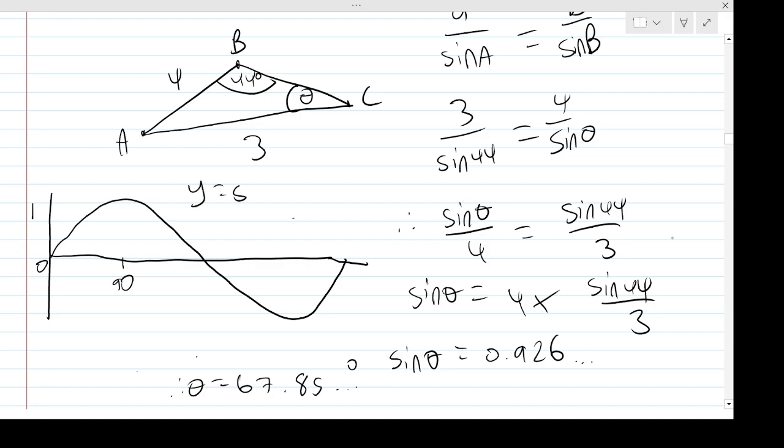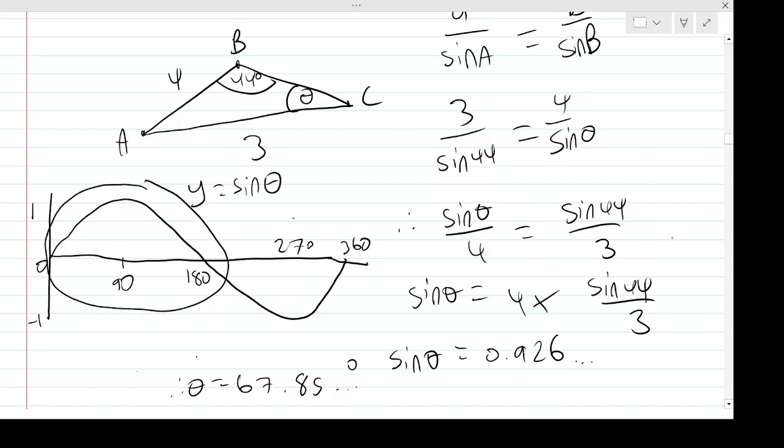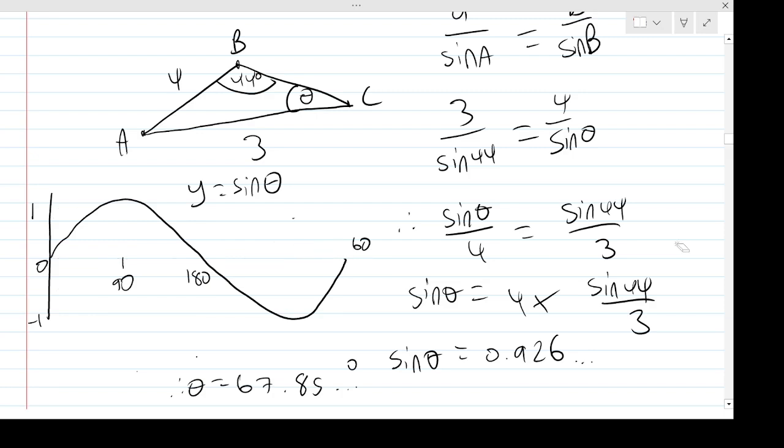So this is the graph y equals sine theta. And then 180 is there when it dips back to 0. Then 270 is here when it dips below to -1, and then it goes back again at 360. What I'm then going to do is zoom in and only focus on the first half between 0 and 180, that part of the curve. So I'm going to redraw this again.